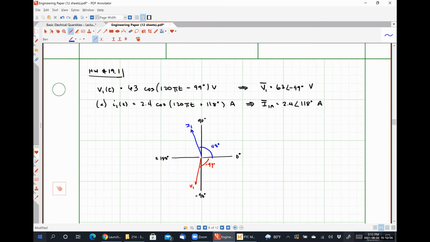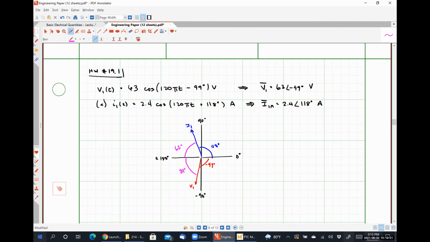And this is I1. We are asked to find the angle by which I1 lags V1. So that means we start measuring from where V1 is, and because we want lagging, we go clockwise. So it's going to be this angle, which is 90 minus 9, so that's 81 degrees, plus this angle, which is 180 minus 118, 62 degrees.